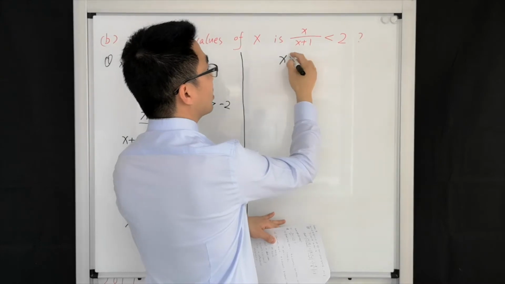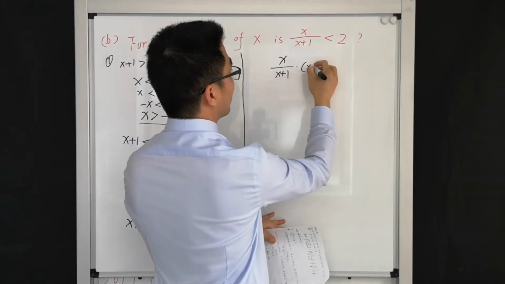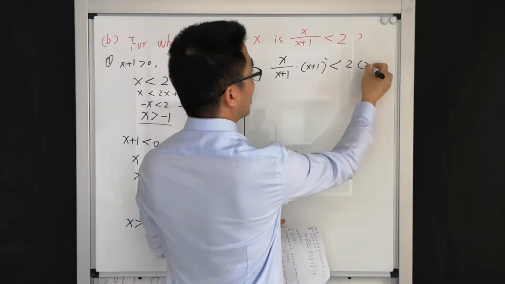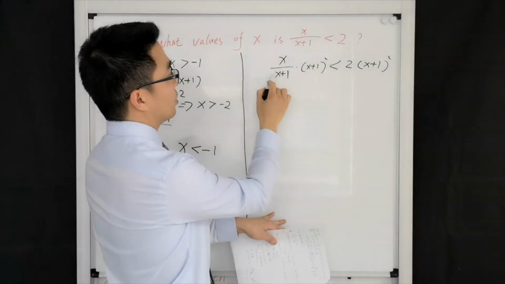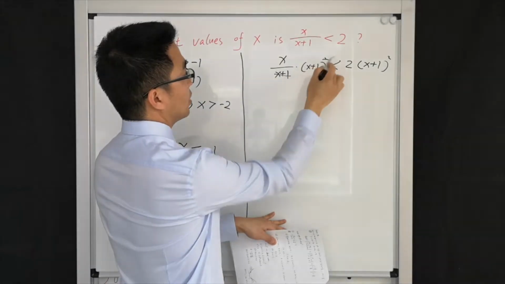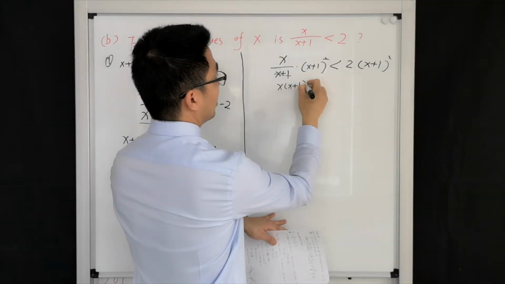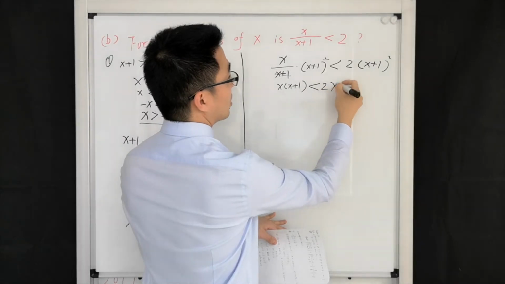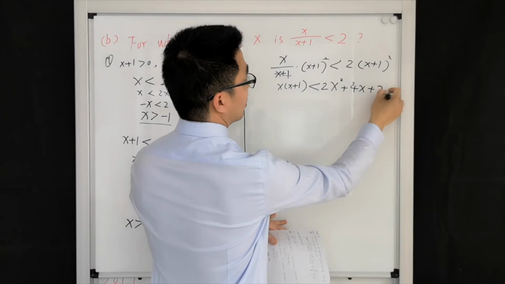So we have x times x plus 1 times x plus 1 squared less than 2 times x plus 1 squared. Okay, so for x plus 1 we cross out one. So on the left hand side we have x plus 1 less than, expanding this one, 2x squared plus 4x plus 2.